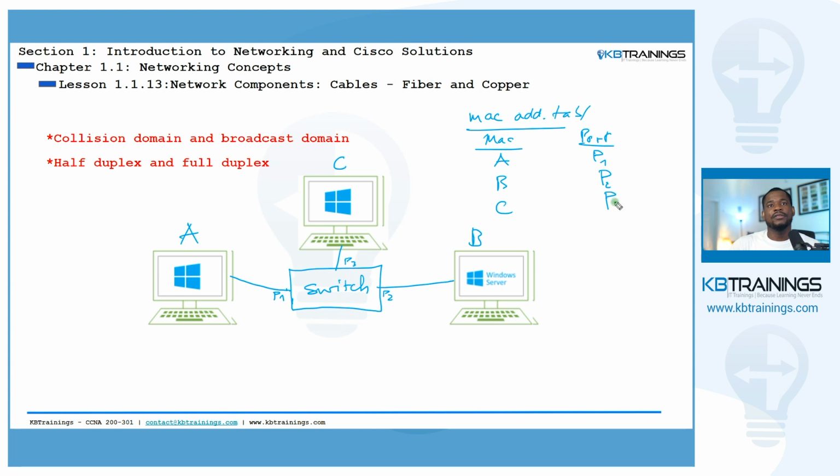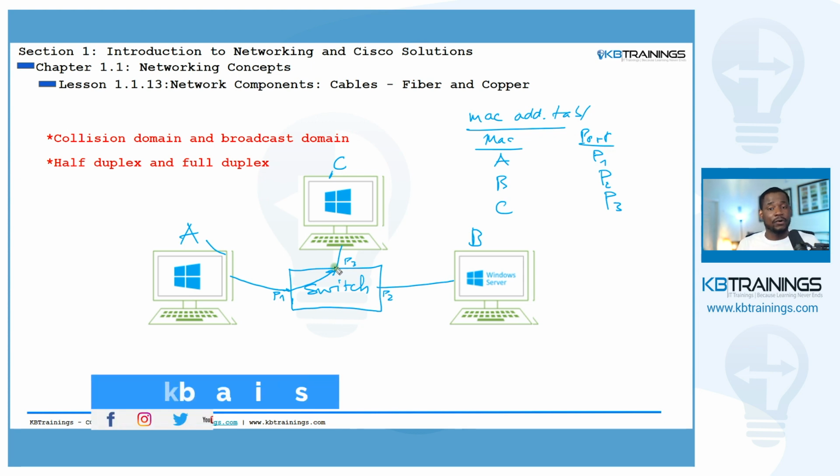Knowing this, the switch does a better job because if A is communicating with C, the traffic coming on port P1 will be directed to port P3 directly. P2 will have no knowledge of this traffic unless it's a broadcast.